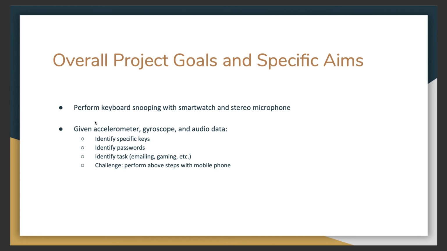Given those features, we will try to identify specific keys, which leads to identifying passwords and identifying tasks. The first three will be performed on a physical keyboard first. But if we achieve success with the physical keyboard, we will try to perform everything with a mobile phone as well.